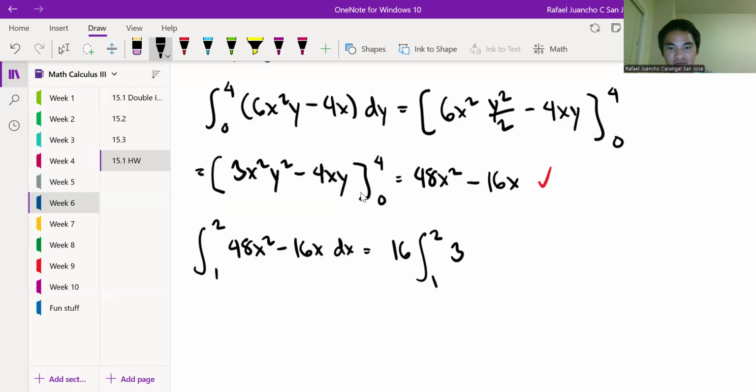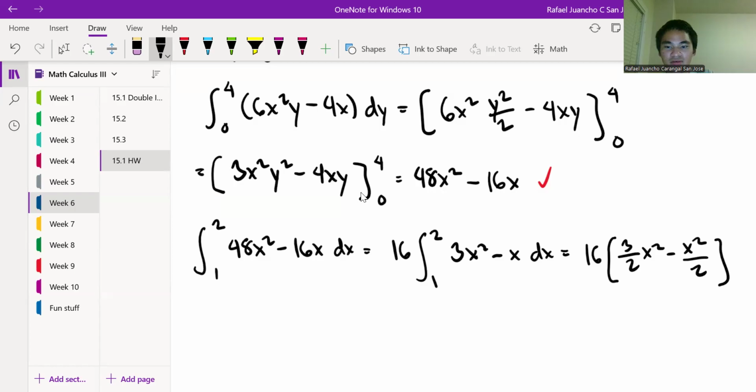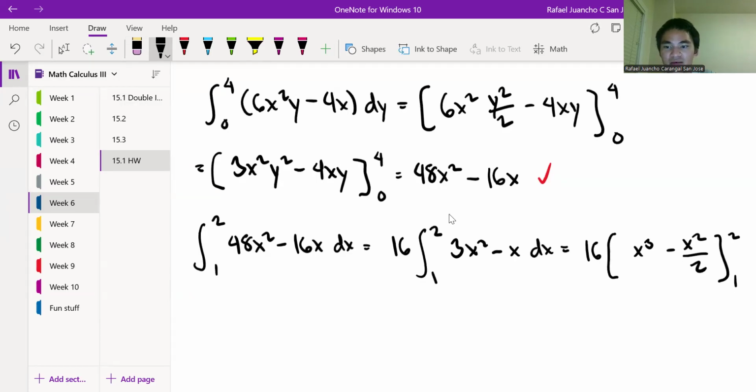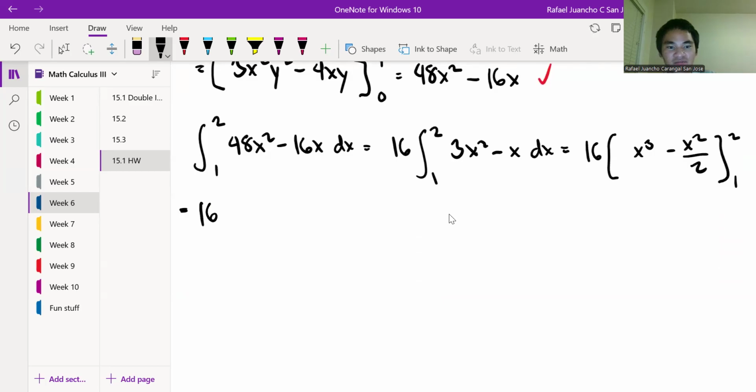This is 3x squared minus x dx. This is 16, this is 3 over 2 x squared, this is x squared over 2. Oh, actually, my bad. This is x cubed, from 1 to 2. Right? And then from there, let's evaluate the whole thing.